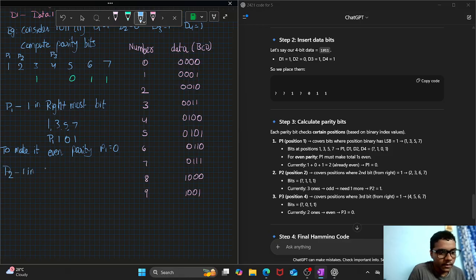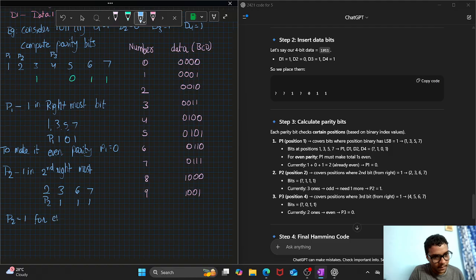P2: 1 in the second rightmost. So you should have 1 here. You have 2, 3, 6 and 7. 2 is P2, and 3 is 1, 6 is 1, 7 is 1. P2 is equal to 1 for even parity.